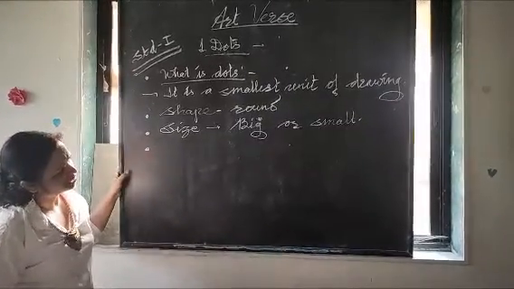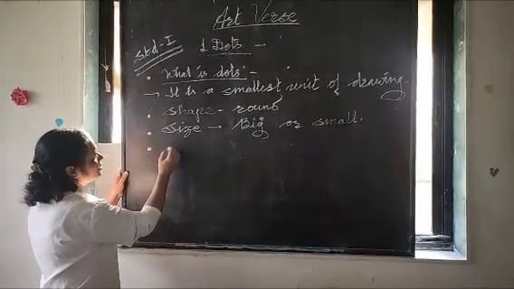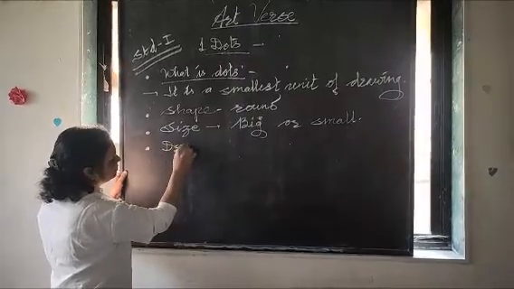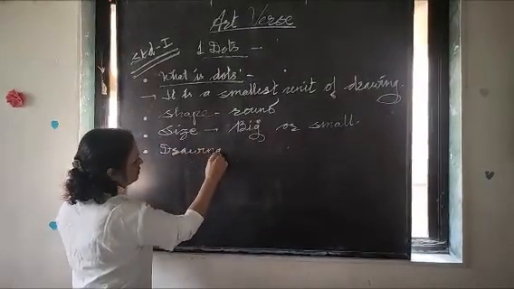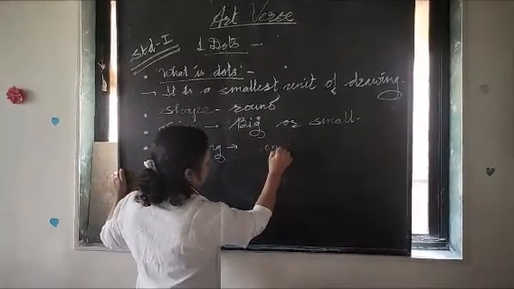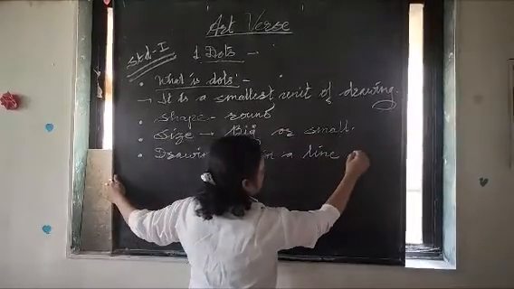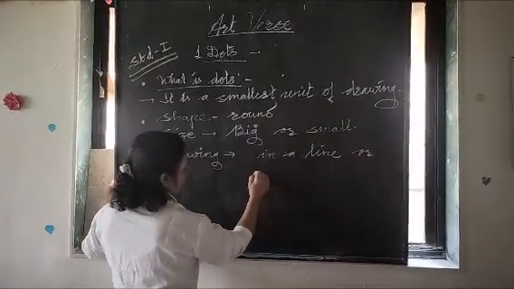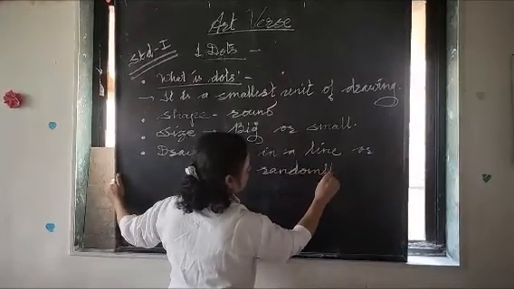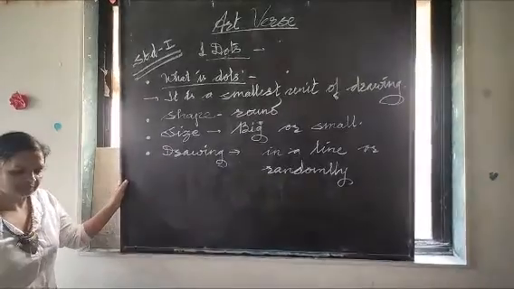The next characteristic of dots is we can draw them in a line, or randomly. Randomly we can draw them.